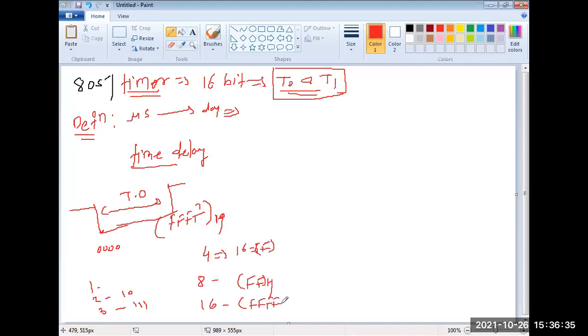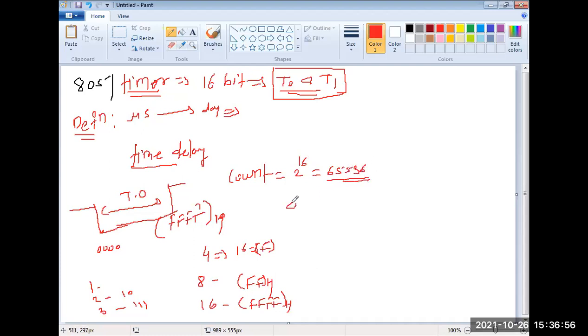Because each hex value has 4 bits. F means 4 times 1, 4 times 1, 8 will be there, like that. So the maximum count value can be taken as 2 raised to 16, that will be 65,536.